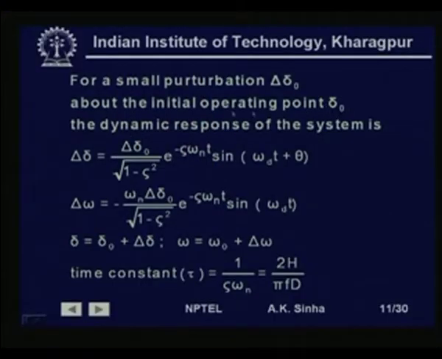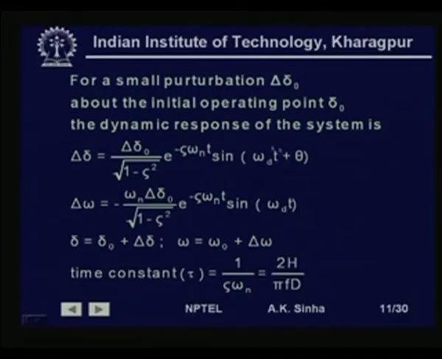And for small perturbations delta 0 about the initial operating point delta 0, that is, if we give a very small perturbation equal to delta 0 at the starting point delta 0, that is, suddenly we change the delta angle at time t equal to 0 from delta 0 to delta 0 plus delta 0, then how this change in angle is going to take place is what we are writing here.